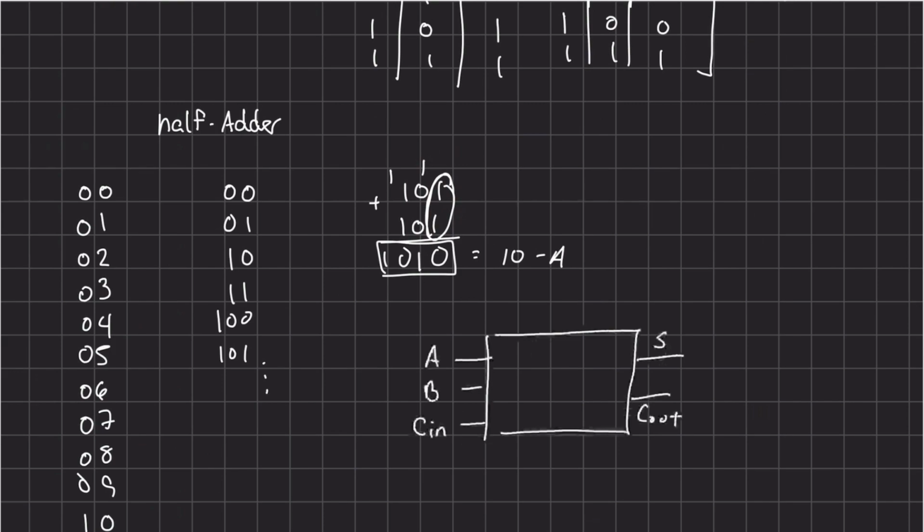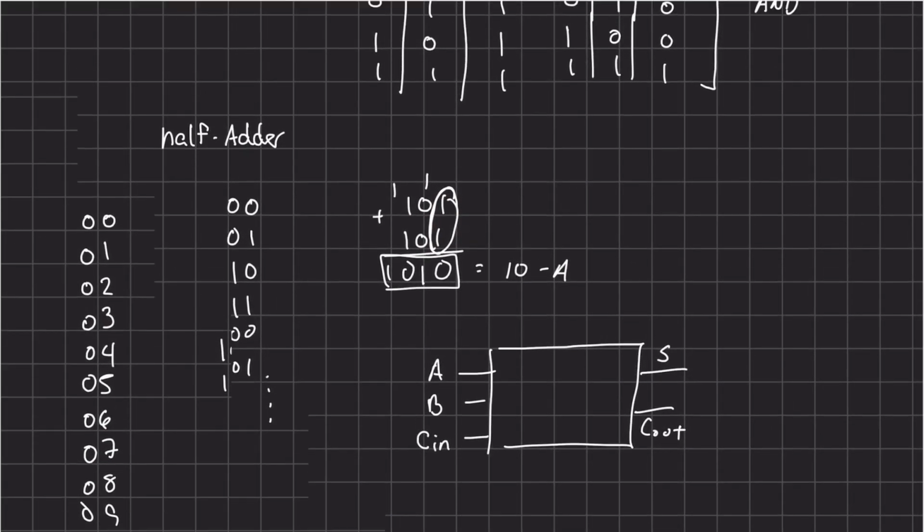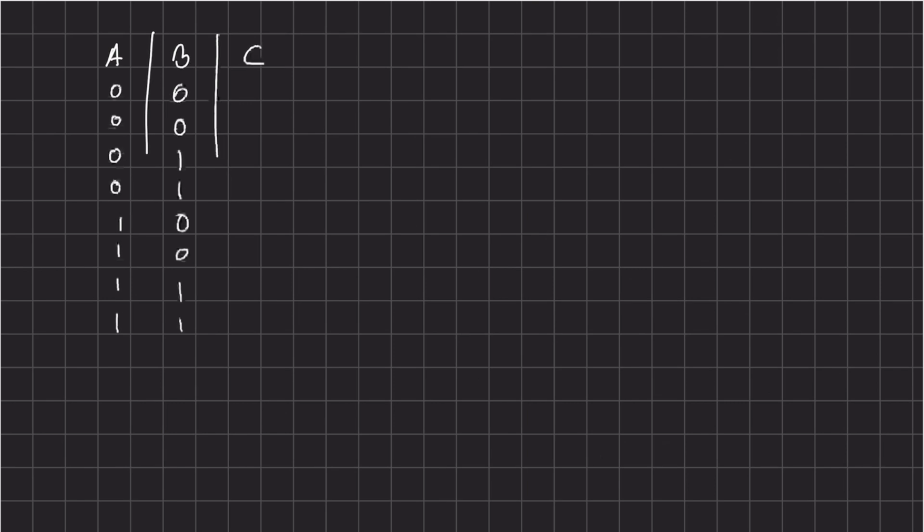Okay, so now we could go back and draw the truth table, and what we will realize is that if I have A, B, and C in, 0, 0, 0, 1, 1, 1, 1, 1, 1, 0, 0, 1, 1, 0, 1, 0, 1, 0, 1, 0, 1.